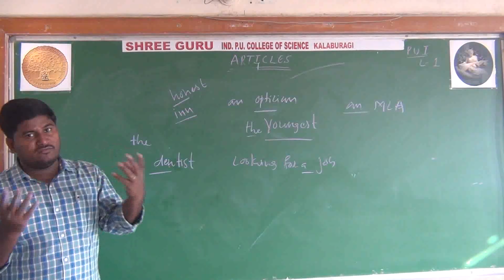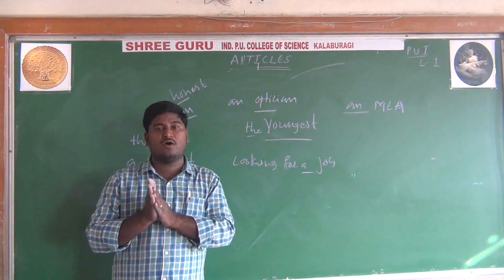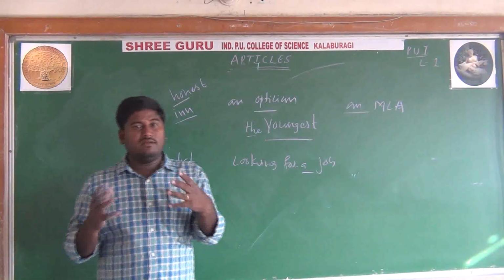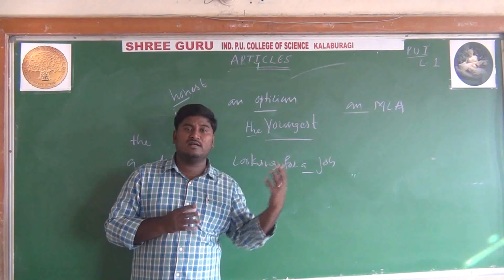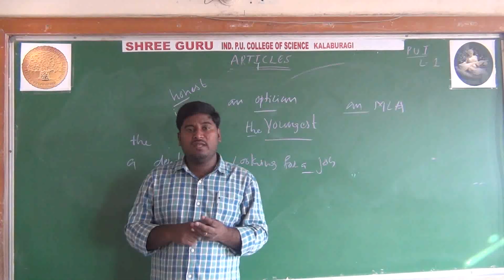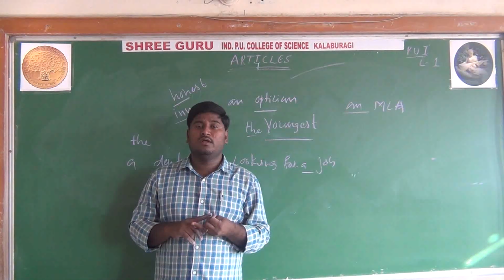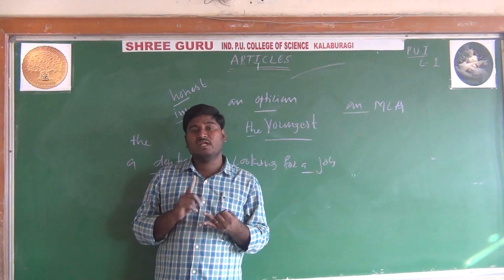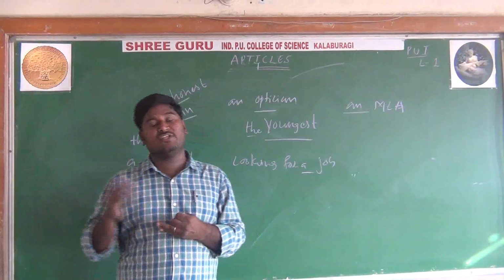There are omissions of articles also. Before numbers, proper nouns, places, you should not use any article. The definite article is used before well-known publications, before the superlative degree, before well-known dynasties, and before a noun which is already mentioned, already known.